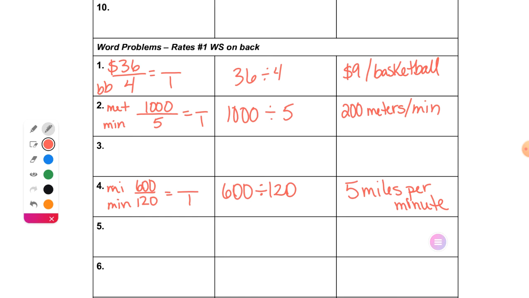Are you going to have to do them all? No. Well, but also there's only spots for 11. So you will only have to go down to number 11. We did number 1, 2, and 4 together. So do you think you have to redo those? No. So on the back side, you will do number 3 and then 5 through 11. On the front, you will do problems 3 through 10.